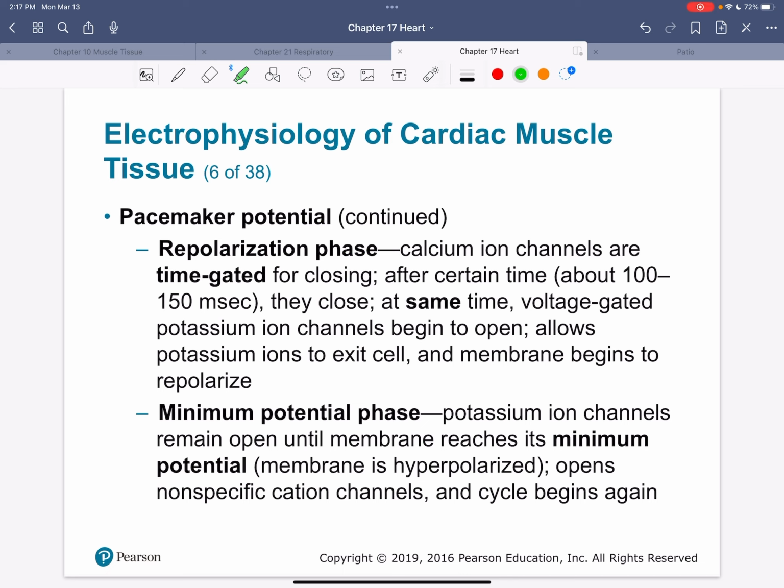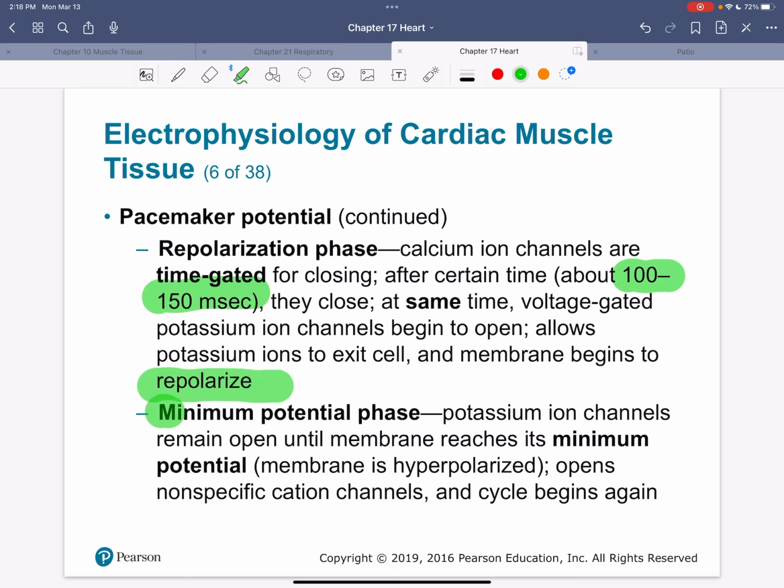Now, repolarization occurs because the calcium ion channels, remember I said earlier, they have a stopwatch running. And they're a time-gated channel. So they're only open for anywhere from about 100 to 150 milliseconds. They close, and the voltage-gated potassium channels begin to open, allow potassium ions to exit the cell, and then the cell begins repolarization.